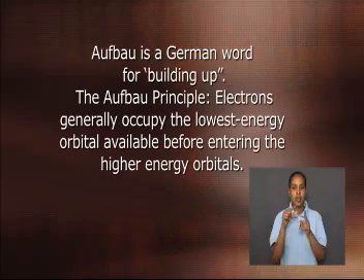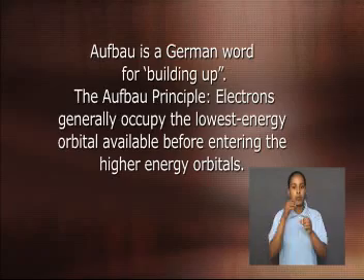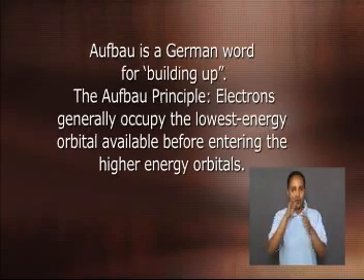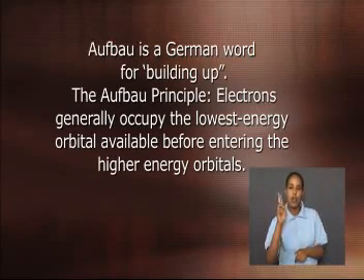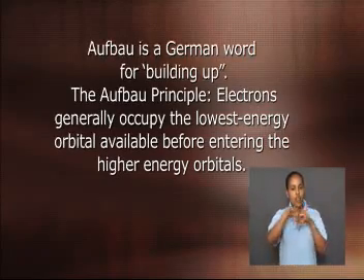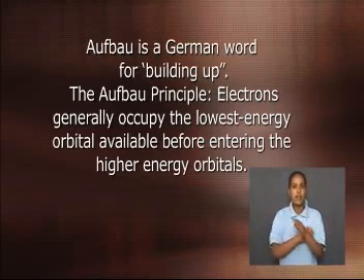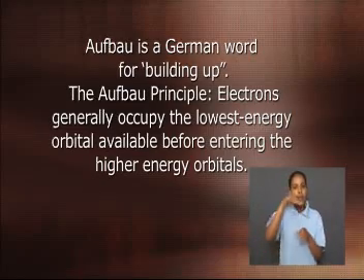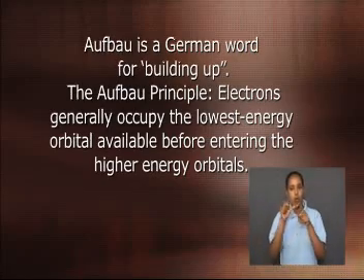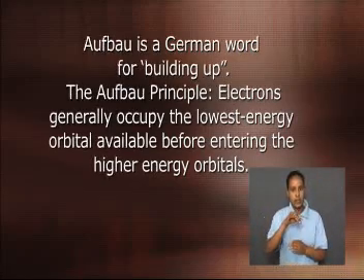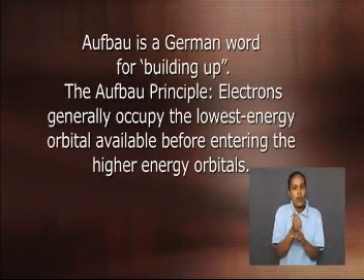The word Aufbau is German for building up, which makes it a very suiting name for the principle we are discussing today. The Aufbau principle states that, in general, electrons occupy the lowest energy orbital available before entering the higher energy orbitals. In other words, electrons orbit in the space closest to the nucleus of an atom before expanding outwards.